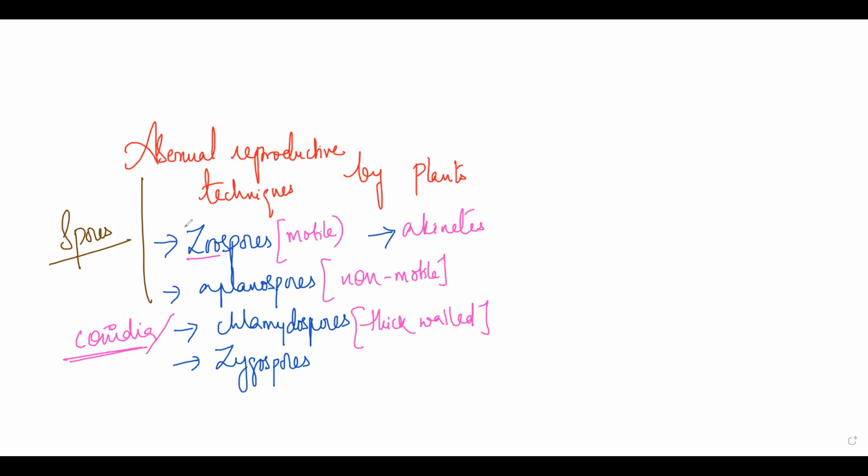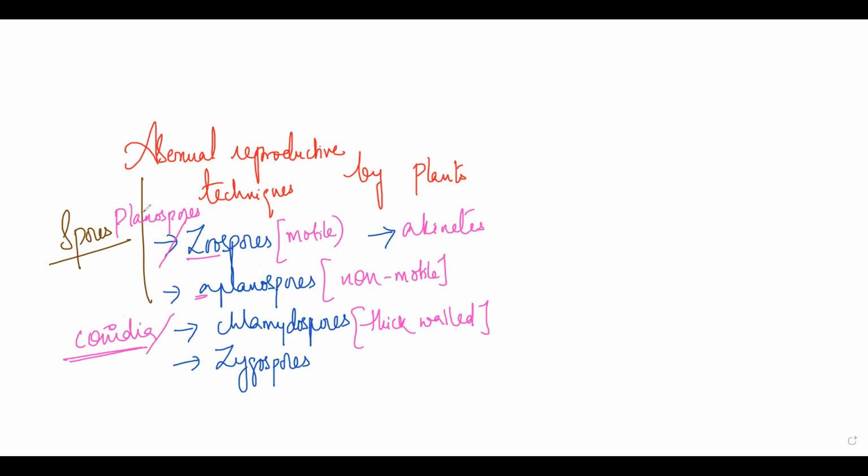And remember that zoospores can otherwise be called planospores, which are motile, which can swim. And if the movement is not there, we call it aplanospores.